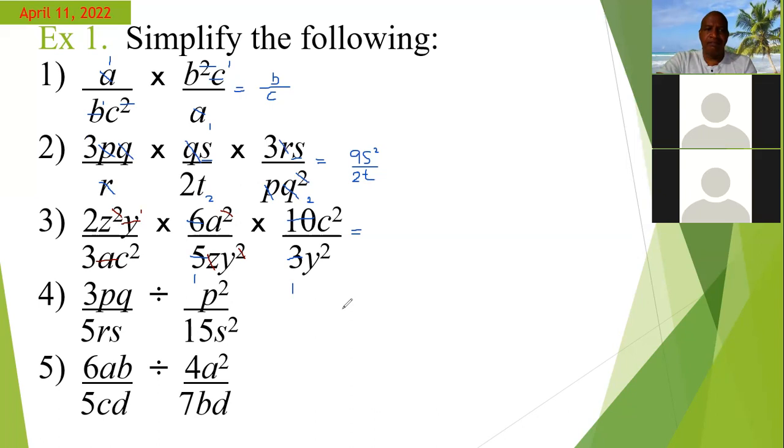Look carefully. The C's. All right, so this C squared here, they are to the same power, so you can cancel them. So C squared cancels with C squared in the numerator. Anything else to be canceled?